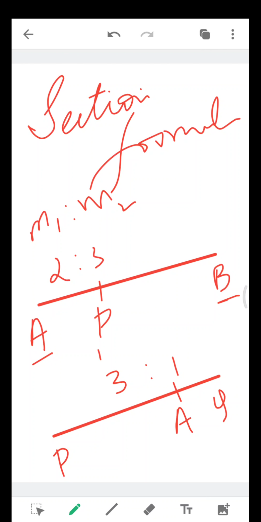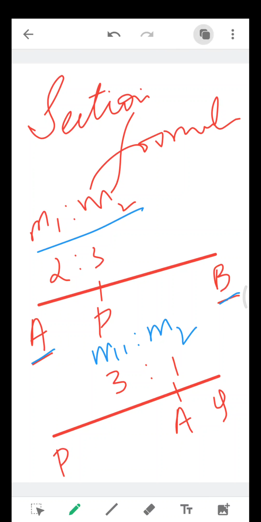Here what is m1 is to m2? It is 3 is to 1. So m1 is 3, m2 is 1. Here m1 is 2 and m2 is 3. So we need m1, m2, that is the ratio, and we need 2 points x1, y1 and x2, y2.